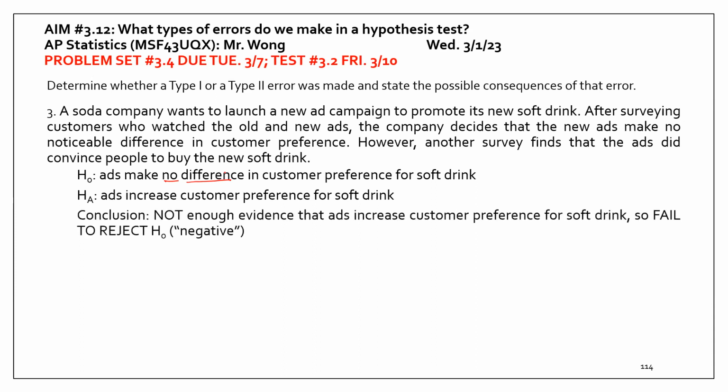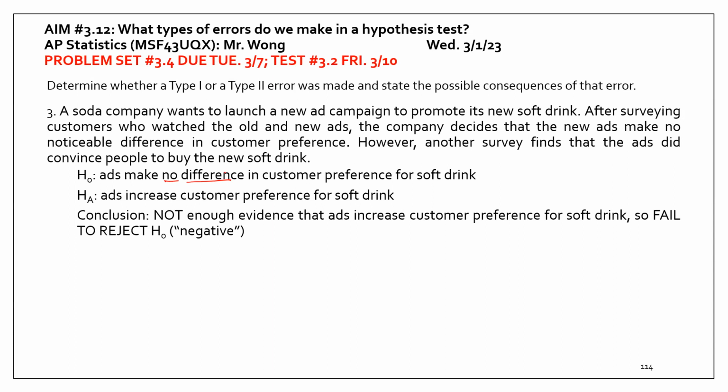So that means that we don't reject the null hypothesis. And so that would be informally what we would call a negative result. Now, remember, we don't say we're going to keep the null hypothesis. We don't say we're going to accept the null hypothesis. The language is that we fail to reject the null hypothesis.